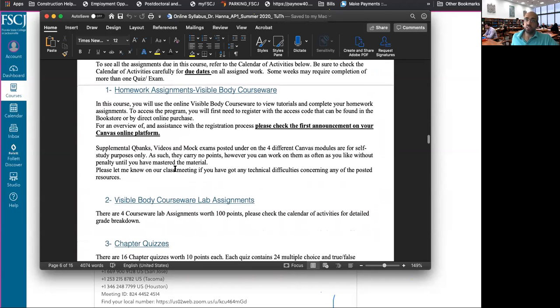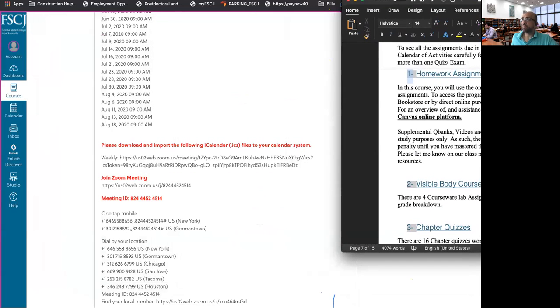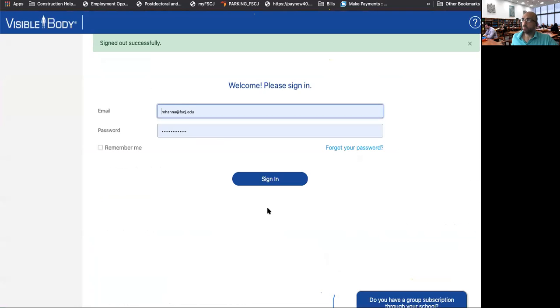So what are the different assigned activities? The first assigned activity is the homework assignments through Visible Body courseware. Those are ungraded, for practice purposes.